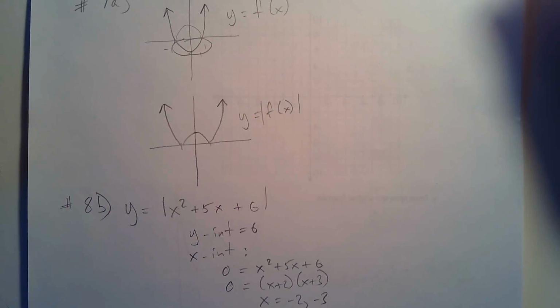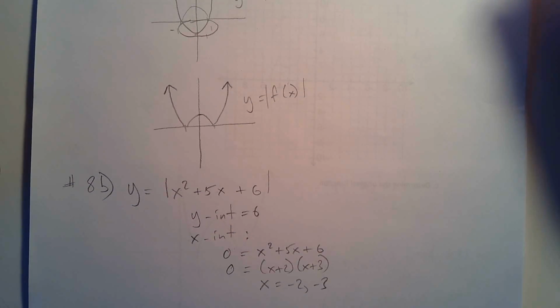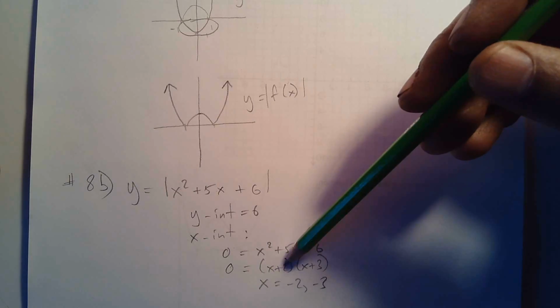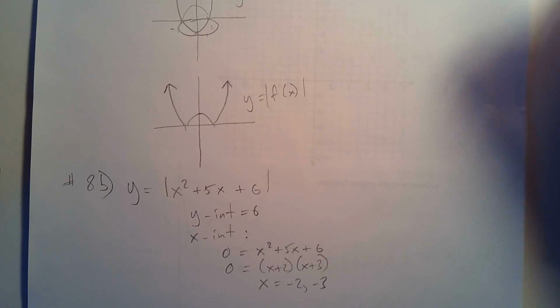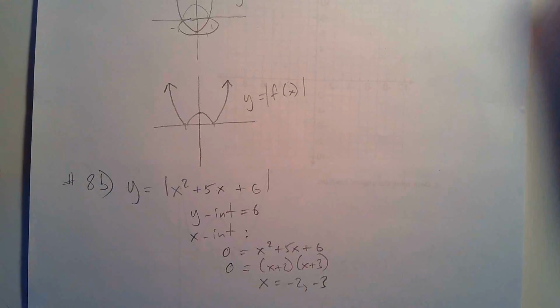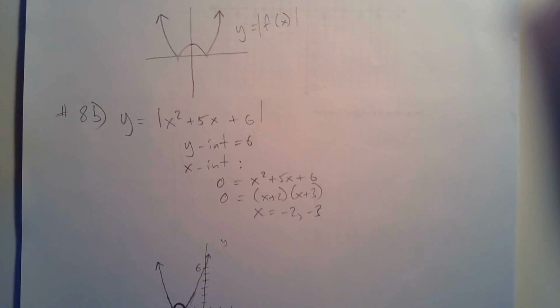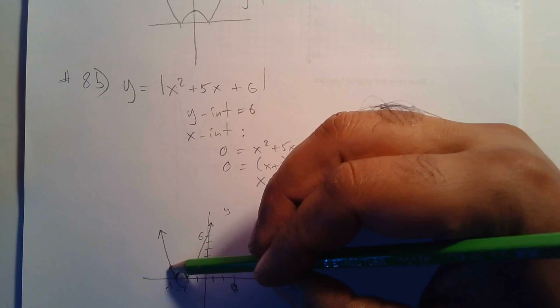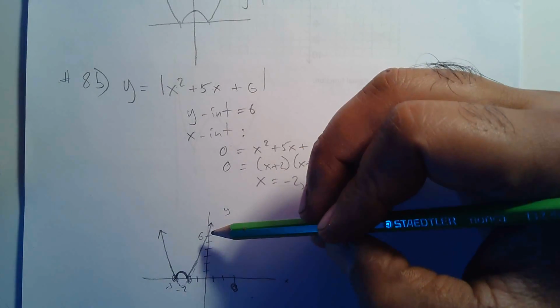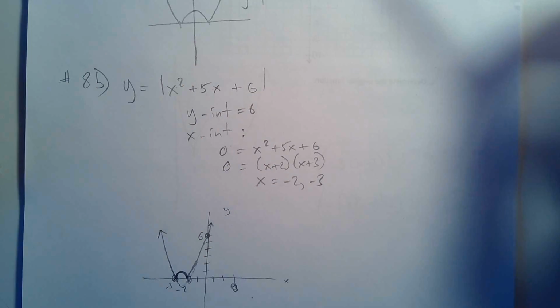And so when you factor that, you get negative 2 and negative 3 as the two solutions. So again, it's going to be similar to this one here. Your negative 2 and your negative 3 are right here, and there's 6 for your y-intercept.